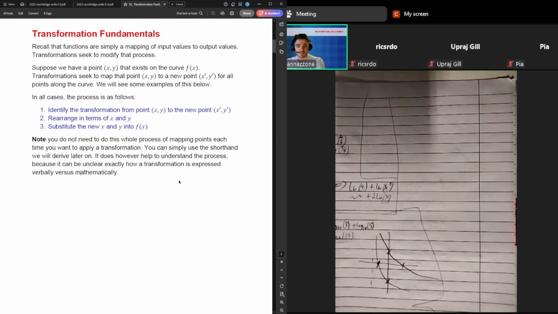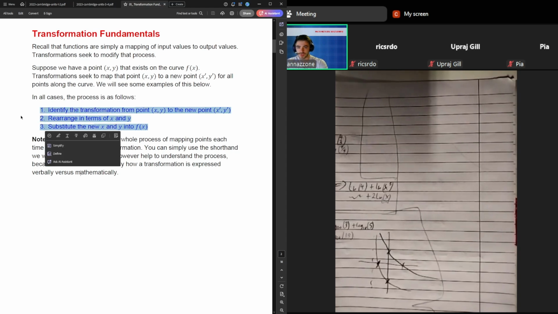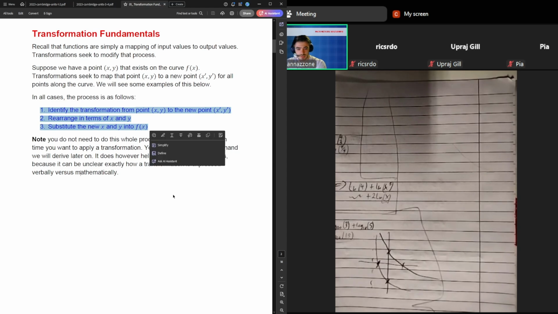Those are called transformations, and what you'll find is that the way that they are presented in functions is often quite consistent with how they apply to all types of functions, whether it be quadratics, cubics, hyperbolas, and other functions that I could name. To make it more applicable across the board, to understand this at a deeper level, we think about things not necessarily in terms of functions, but in terms of the individual points along a curve, and just seeing how they are transformed from state to state.